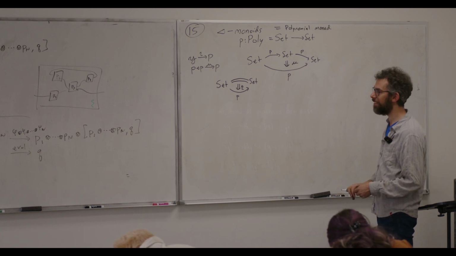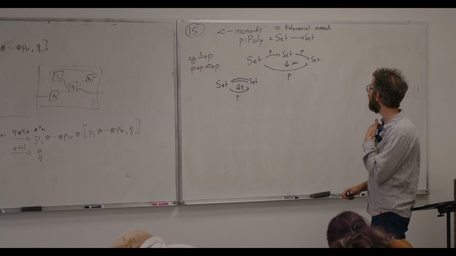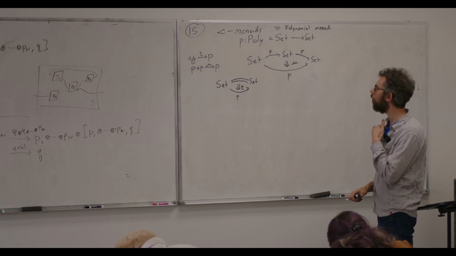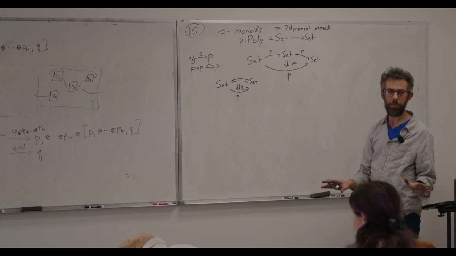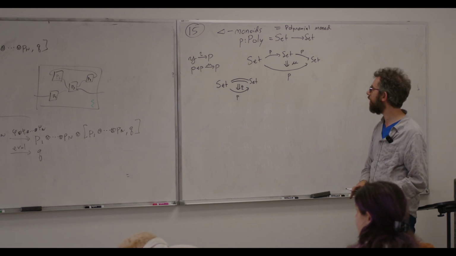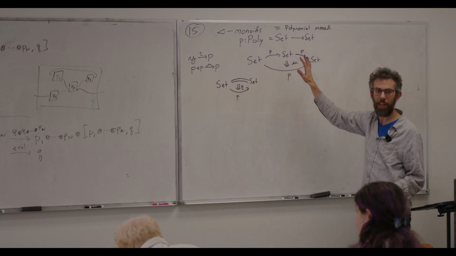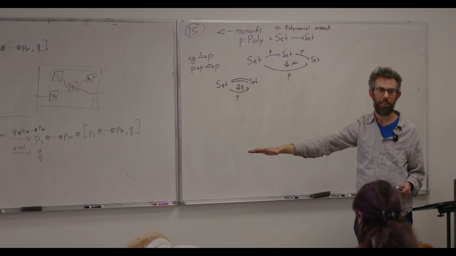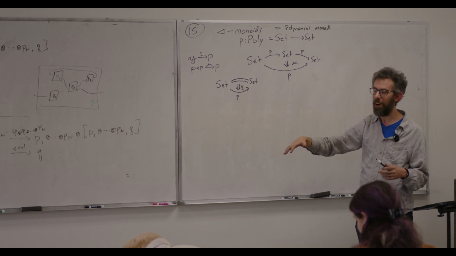What is such a thing? It's the thing that's producing polynomial structure on set. All polynomials are functors from set to set. The fact that we're thinking about them as functors from set to set right now is just to connect with all those people who think of these as monads. They are monads on set.